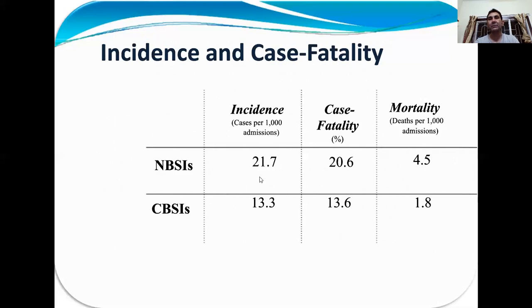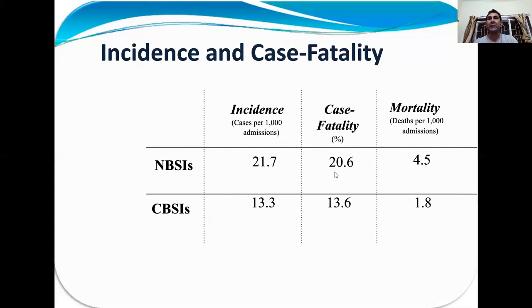The incidence rate means 21.7 cases per thousand admitted patients get the nosocomial infection, and 13.3 per thousand admissions get the community acquired infection. It means much lower as compared to the nosocomial infection.